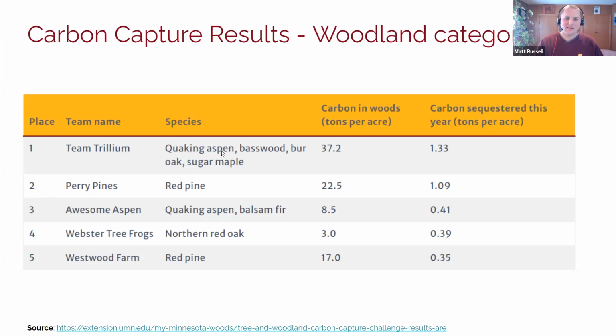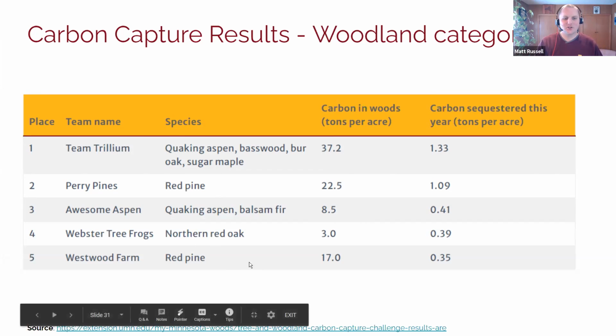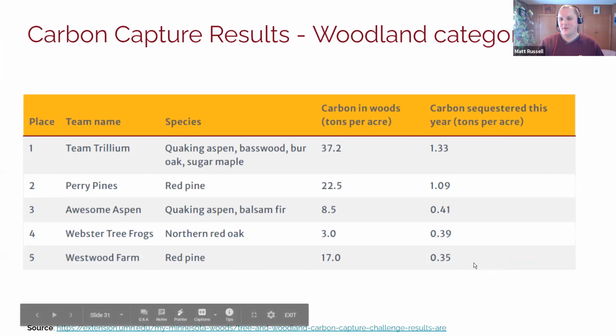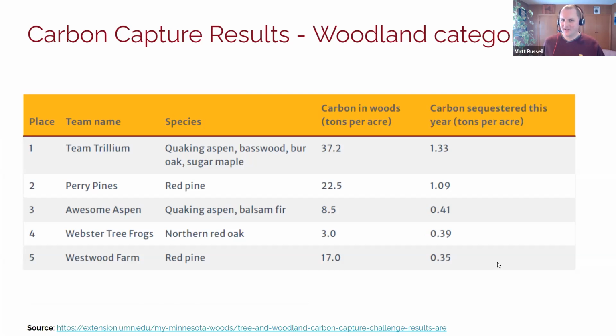They measured quaking aspen, basswood, bur oak, and sugar maple. You see some of the other tree species there. The lowest measured was 0.35 tons per acre of carbon sequestered. As you start hearing more about how much carbon Minnesota forests can sequester, these numbers might help put everything else in context.